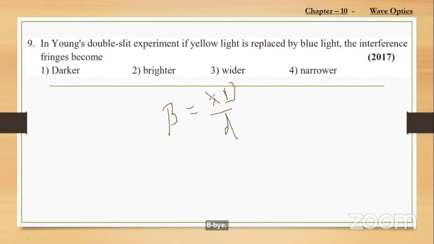If wavelength changes, what happens to the fringe width? Yellow light has more wavelength, blue light has less wavelength. If wavelength is reduced, the fringe width also reduces, becomes narrow. So the answer will be narrow.